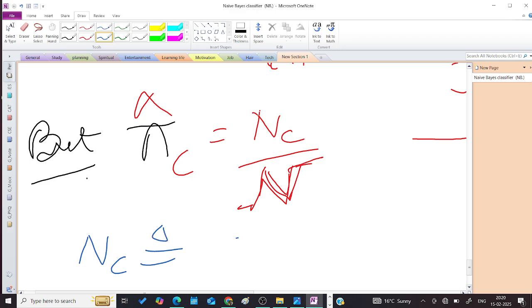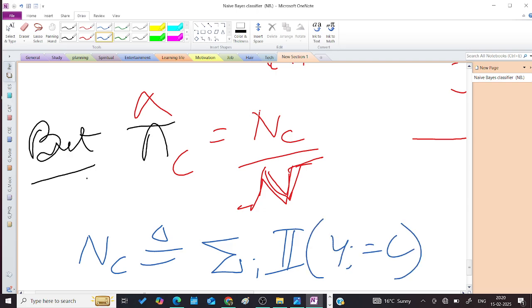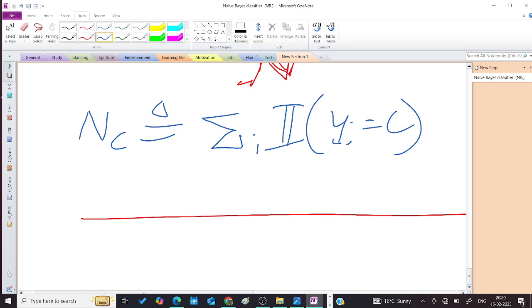Nc is nothing but the indicator function yi equals to c, where yi is the level and c is the class name. Whenever this is true, it will become 1 and will add to total nc.